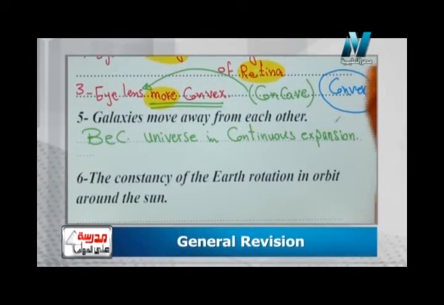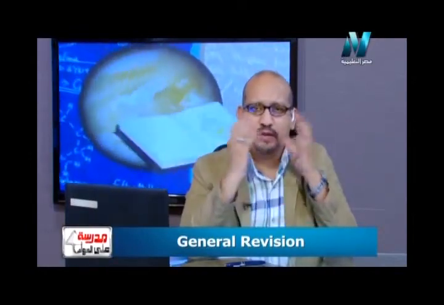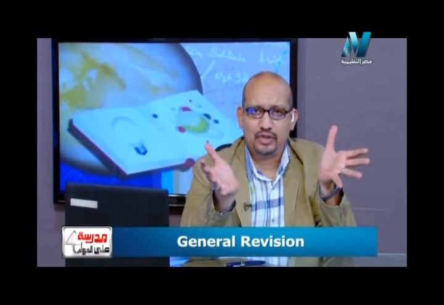We have two theories, dear students. As we have the Big Bang theory، عندنا نظرية الانفجار العظيم، that the universe was a very small ball. This ball exploded with 1 million temperature degrees.